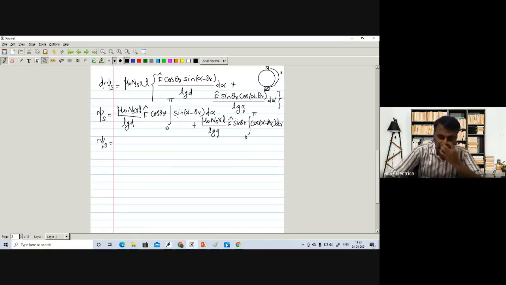Now integration of sine is nothing but minus cos. Integration of cos is equal to sine. So in this, we will get minus cos of alpha minus theta, and in this region we will get sine of alpha minus theta. If you substitute here, we can write mu naught ns r L divided by LGD f cap into cos theta r into cos of alpha minus theta r, with alpha varying from 0 to pi.